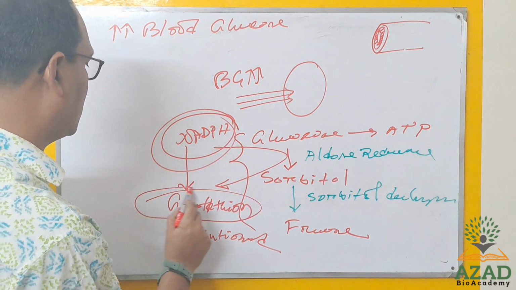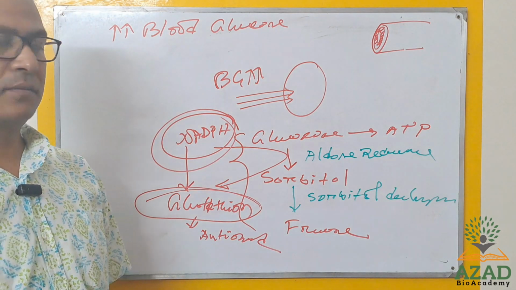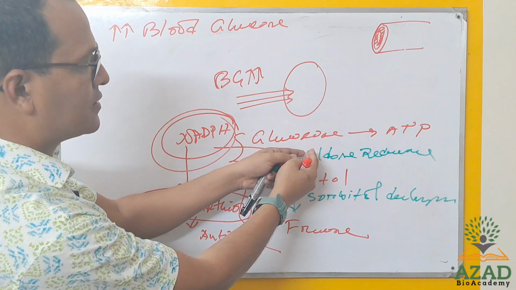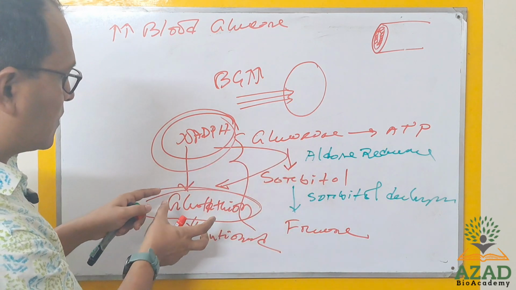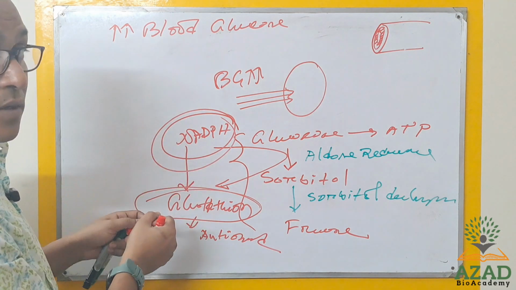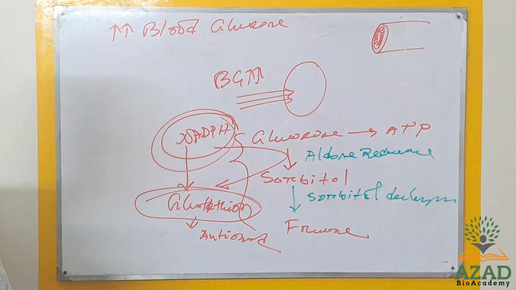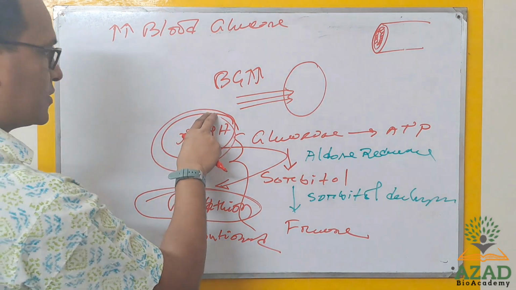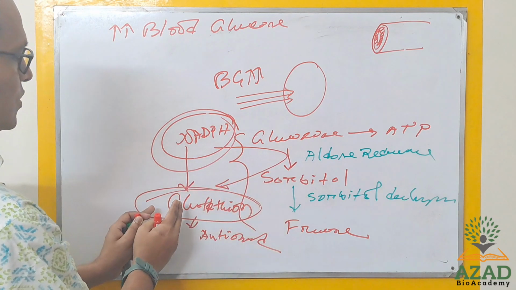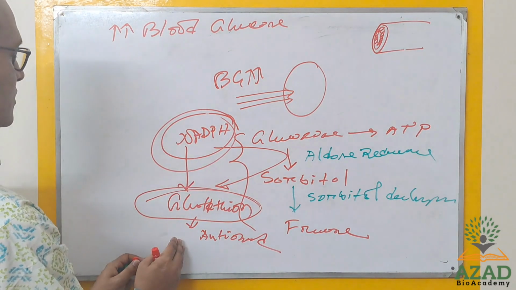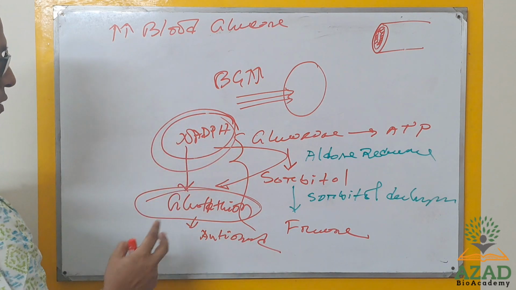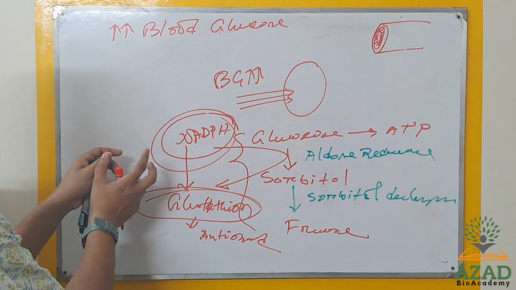Glutathione production will be inhibited because that coenzyme is used over there unnecessarily, and for the production of glutathione, NADPH is very important. Okay, so what will happen? This NADPH coenzyme is used here, so antioxidant will be reduced. So what will happen? Free radicals will be higher, so oxidative stress will be produced.